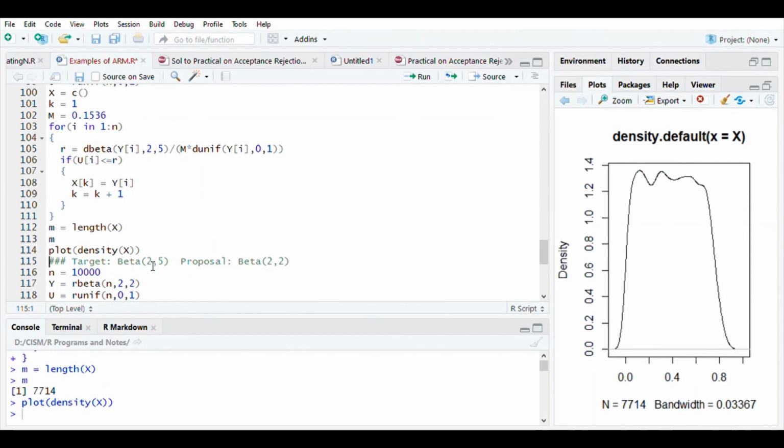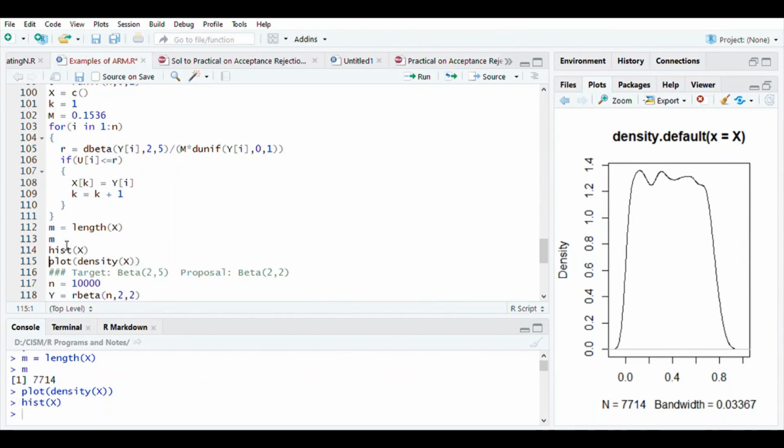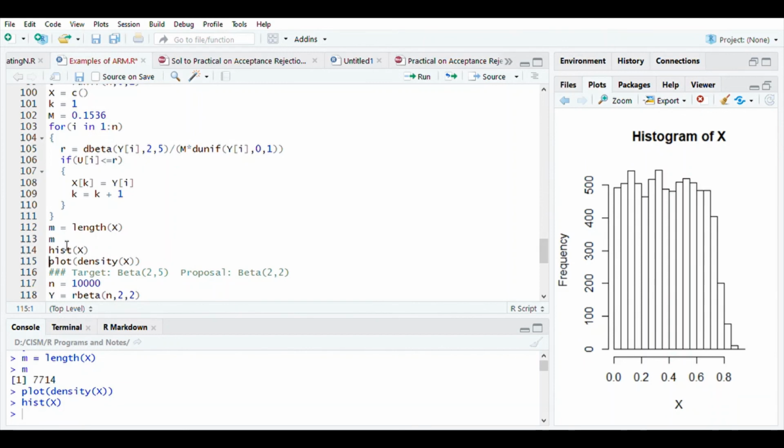It doesn't look great. Does it mean that this is not coming from beta(2,5)? What will happen if you look at the histogram? It looks like uniform. It means that either the calculation of M is wrong or something is definitely wrong here.